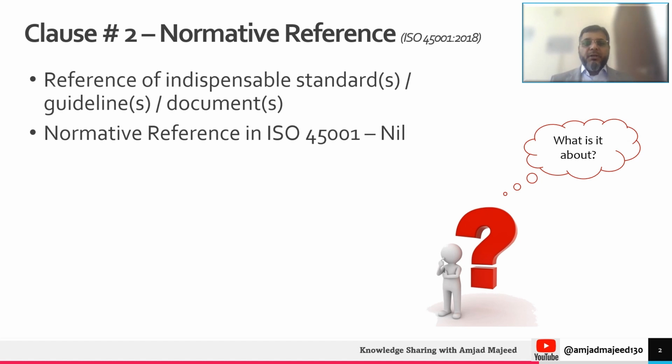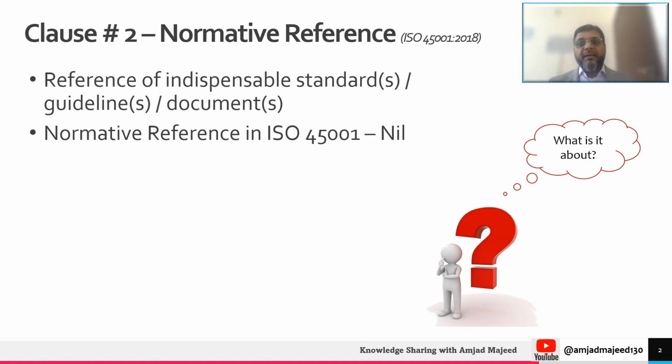Now in this section, ISO refers to those documents which are required to understand and implement this management system which we are going through at the moment, for example ISO 45001. They are indispensable in terms of understanding or implementing the requirements.